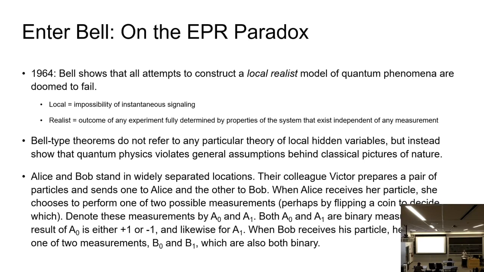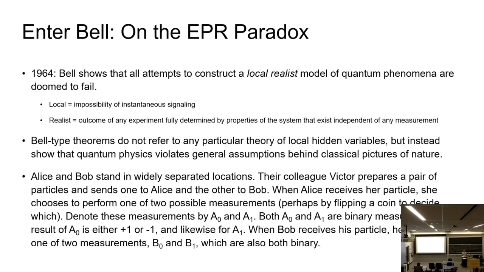So, we can't exactly prove what Bell laid out, but we can design a slightly different system. So here's the layout. We have Alice and Bob, and they're in very separate locations. And Victor comes in, he prepares a pair of particles and sends one to Alice and one to Bob. Alice gets her particle, she chooses to perform one of two possible measurements. Maybe she flips a coin to decide which one.